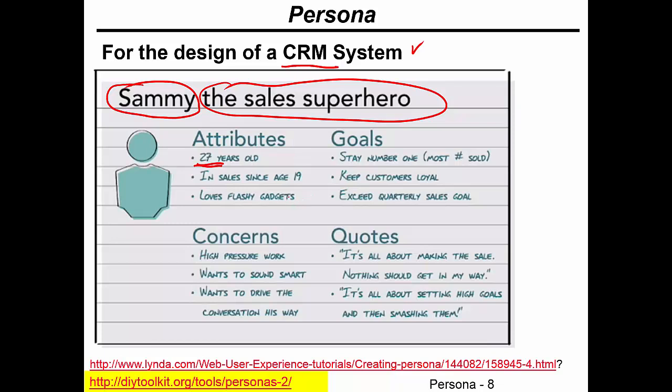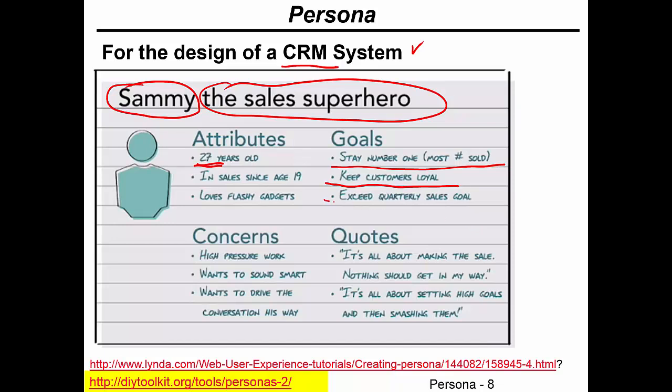Wow, pretty experienced. Wow, 8 years of experience. I love flashy gadgets. Okay, Sammy's goal is to stay number one as the number one salesperson. He tries to keep customers loyal to him or to the company, to the products.